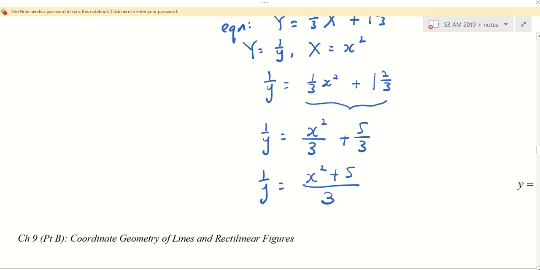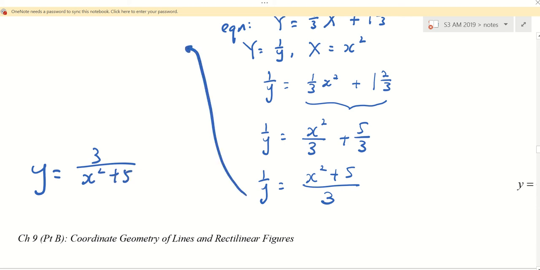But if you don't like the idea of flipping, then you just do the usual way, just cross multiply. If it's a single fraction, yes. If it's a lot of fractions, cannot. Only single fraction can. So the final answer will be Y equals to 3 over X squared plus 5.